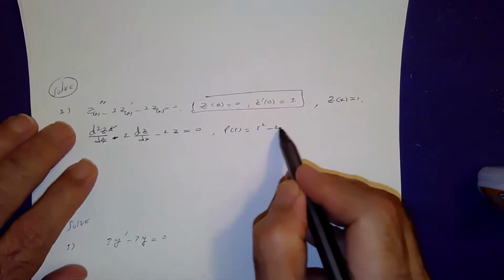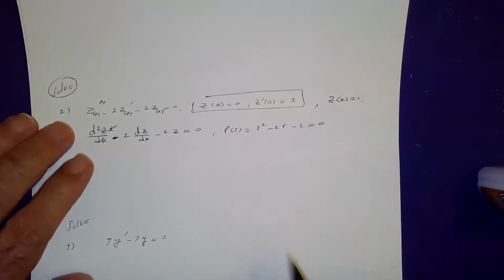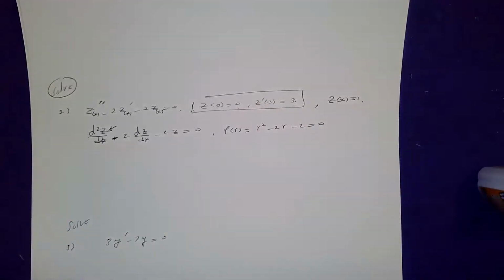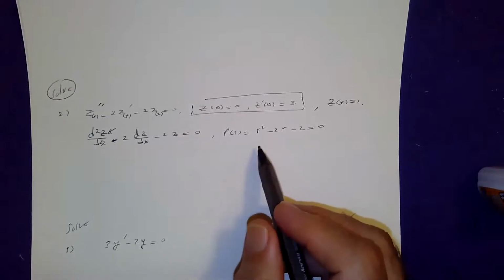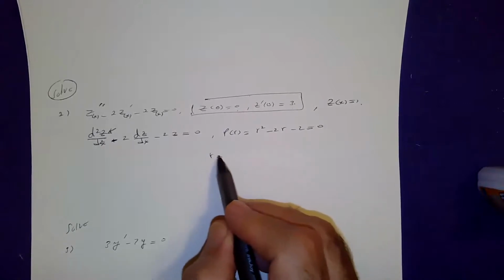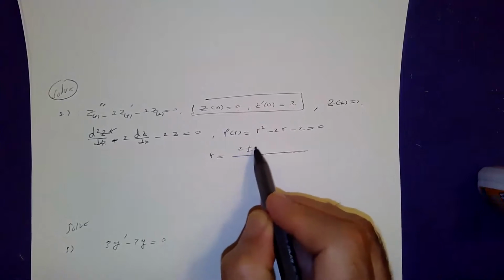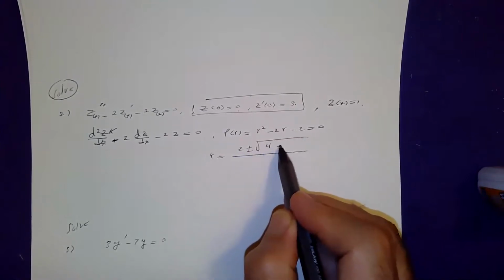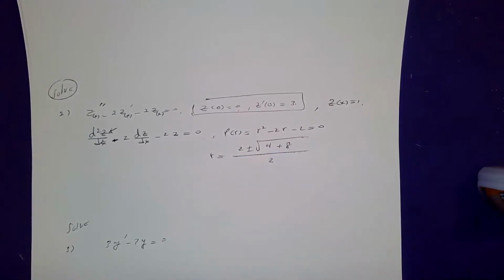r squared minus 2r minus 2. Is that right? Is that factorable? I don't think so, is it? So I'm going to use the quadratic formula, which is 2 plus or minus square root of 4 plus 8, over 2. Is that right?